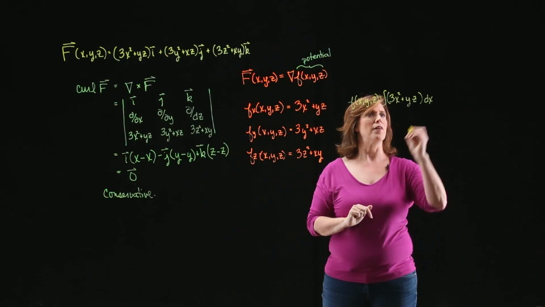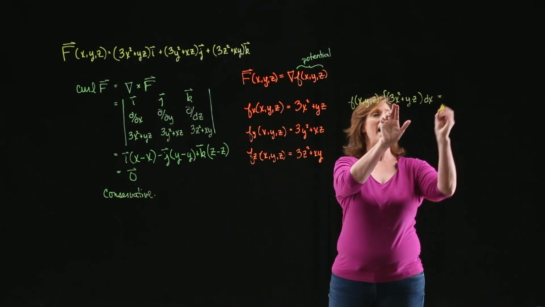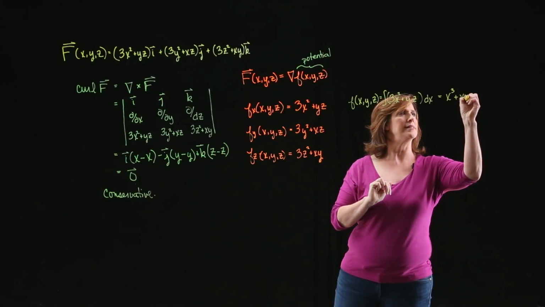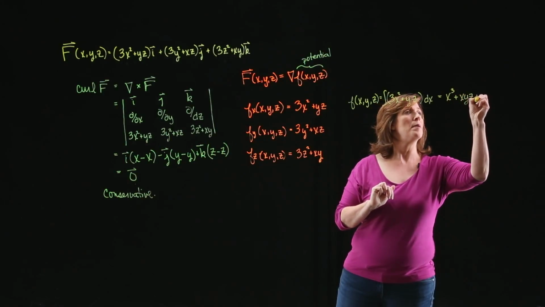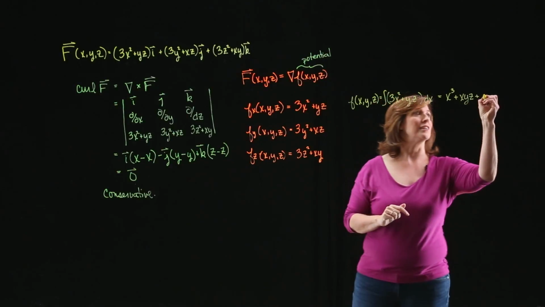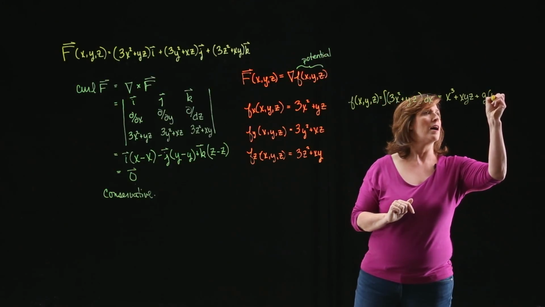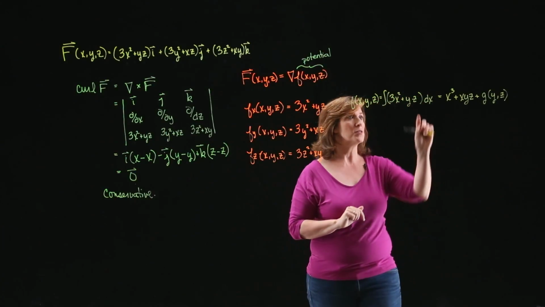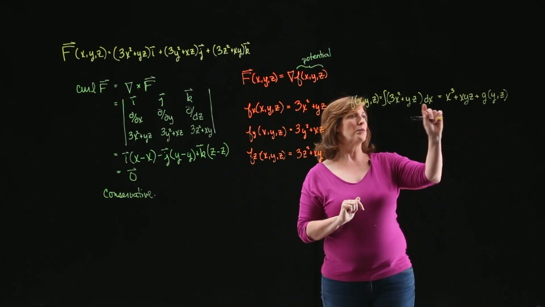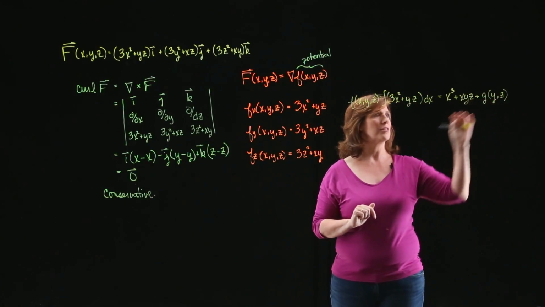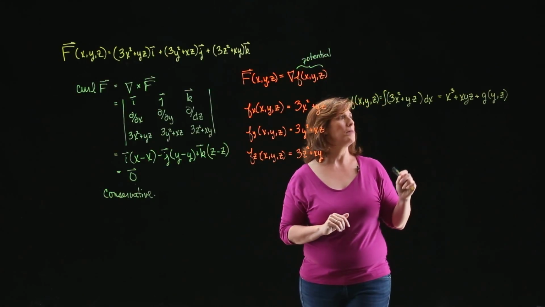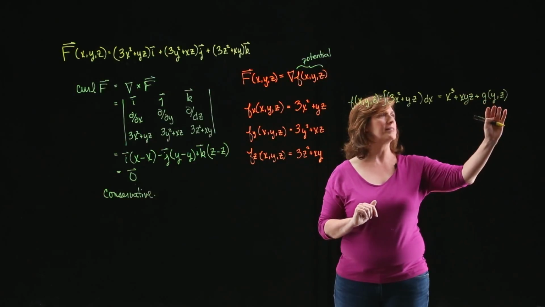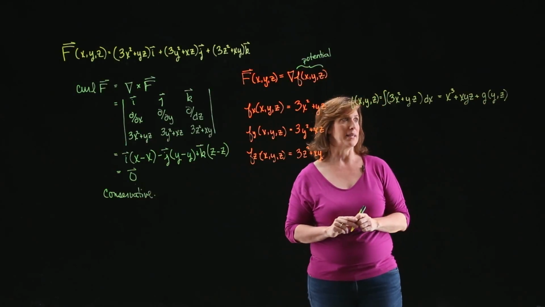And when I do this integral, I'm going to get x cubed plus xyz plus some function of y and z. Because when I integrate with respect to x, anything that's a function of y and z will be a constant. So this is going to be x cubed plus xyz plus a function of y and z.